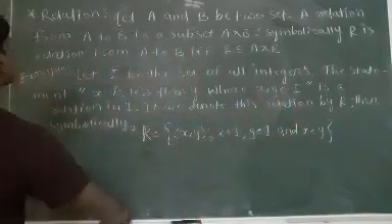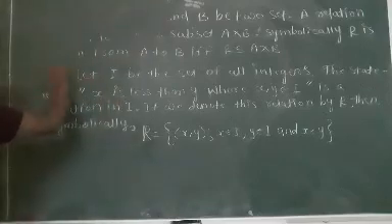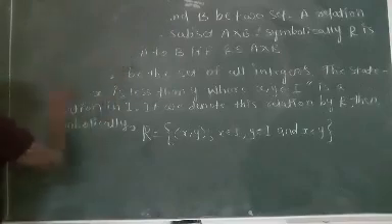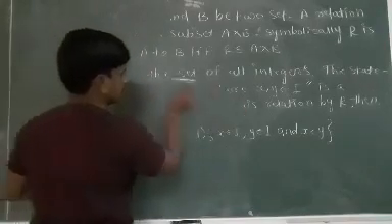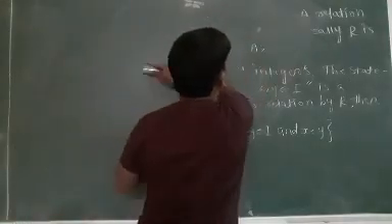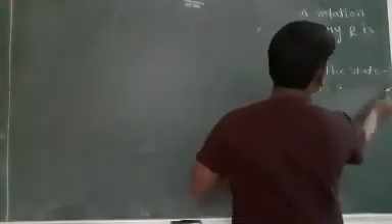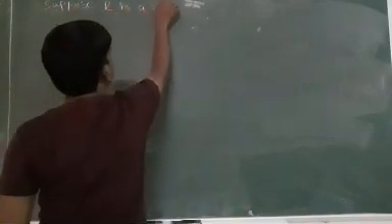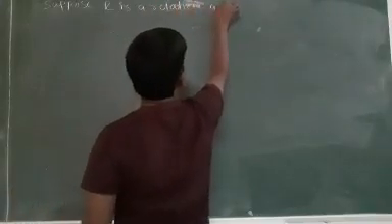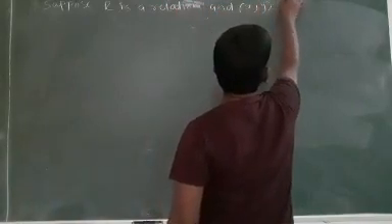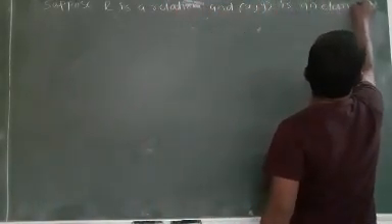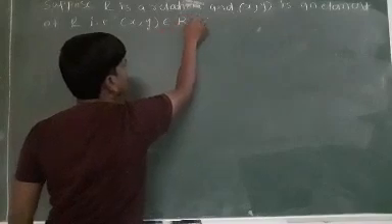Now suppose R is a relation and the ordered pair (x, y) is an element of R, that is, (x, y) belongs to relation R.